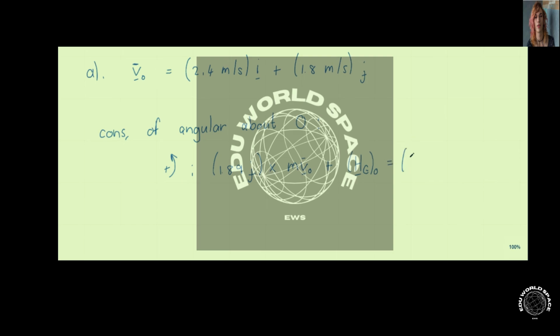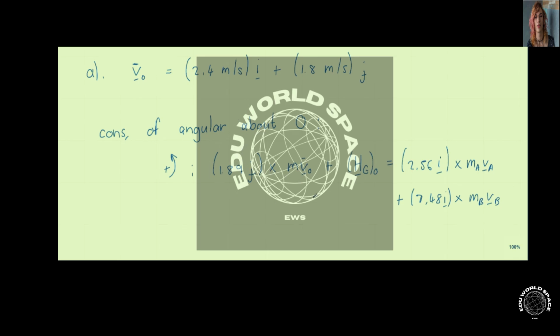And this is equal to 2.56 i cross with m_A v_A, the angular momentum about point O after the cord breaks, plus 7.48 i cross with m_B v_B.